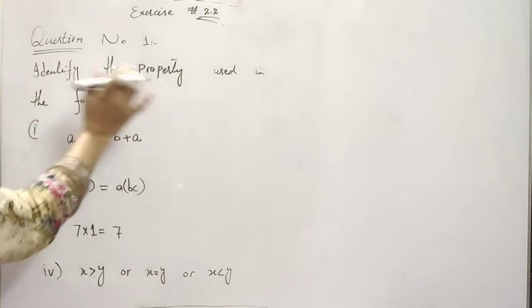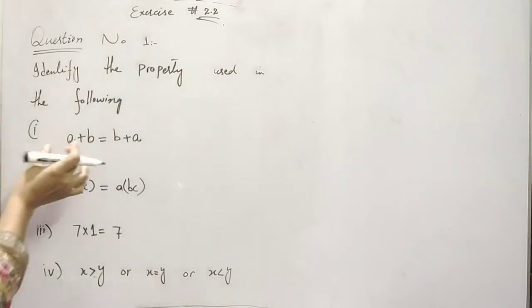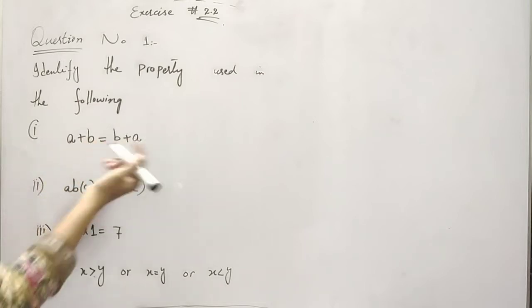Now we will identify the property which is used in these statements. Okay, first is a plus b is equals to b plus a.